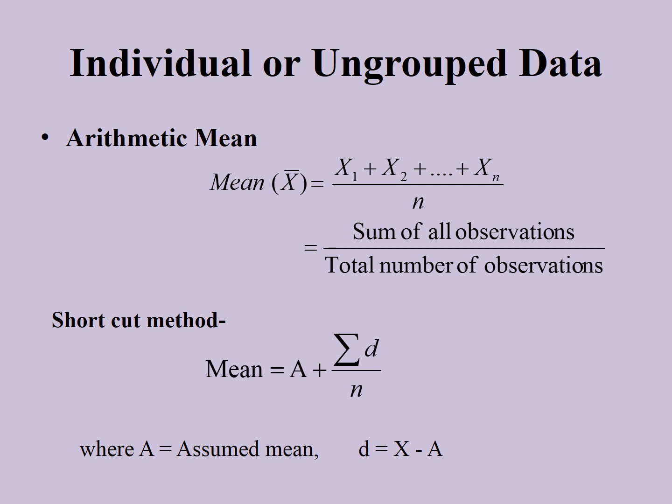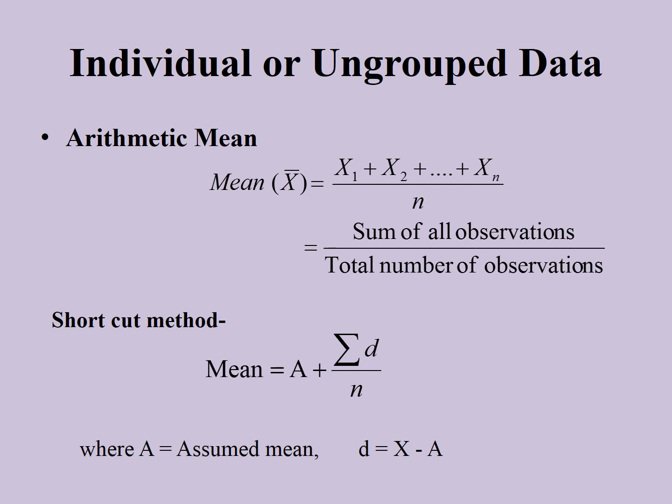So first let's go to the simple one, that is the arithmetic mean calculation for individual or ungrouped data. As you can see on the screen, the formula for the arithmetic mean, denoted by x bar, is equal to x1 plus x2 plus x3 up to n number of x values.